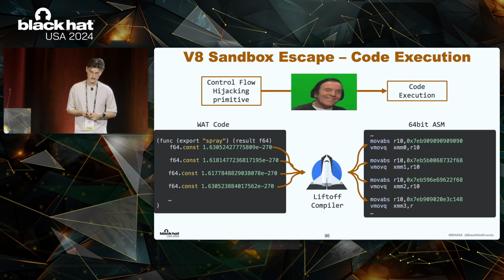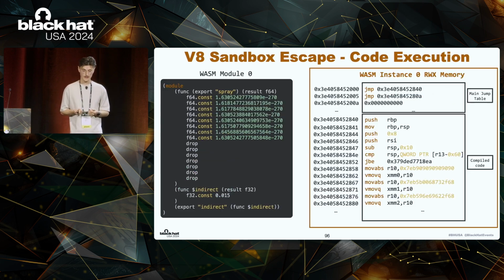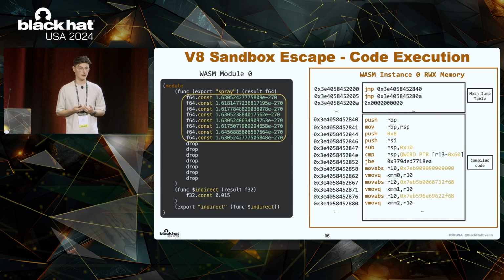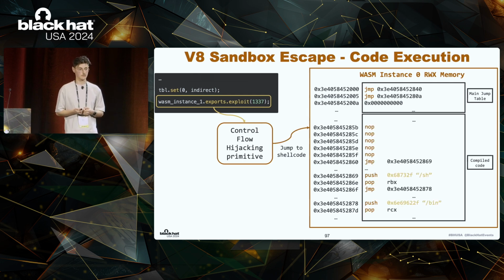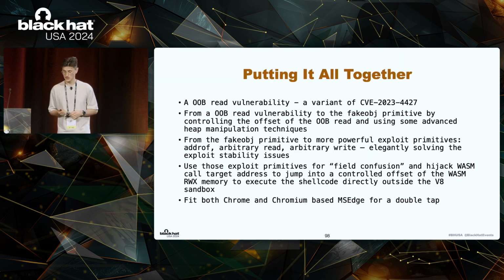This is pretty cool because using that, we can encode our shellcode as 64-bit floating points, and they will be compiled in RWX memory as 64-bit values. From there, we can use our control flow hijacking primitive to jump to the start of the first floating point in memory, which will be the first 64-bit value, and it will be the start of our shellcode. Yeah. So now we'll let Tao finish the talk.